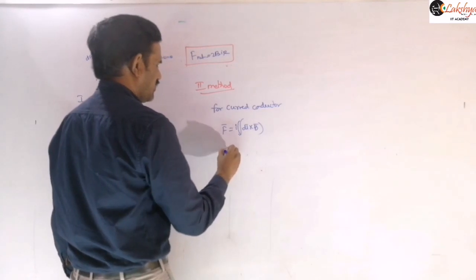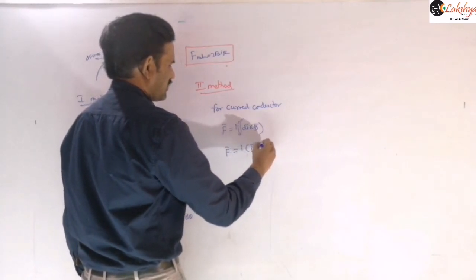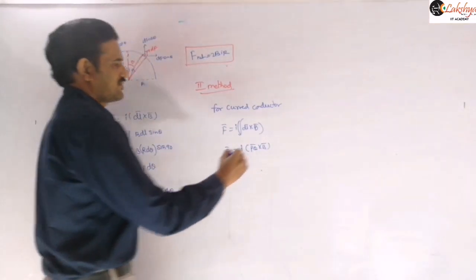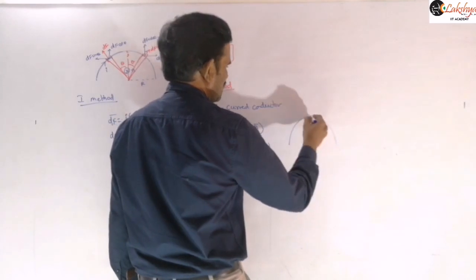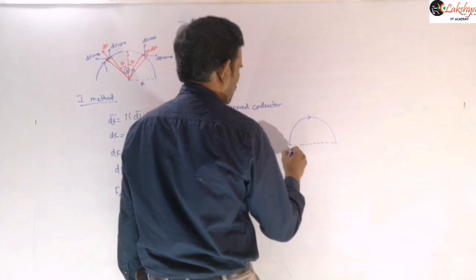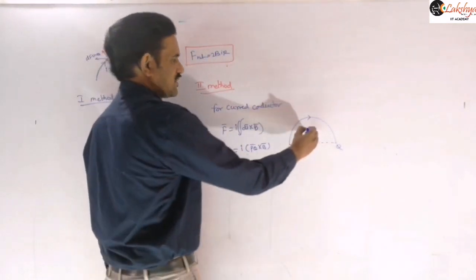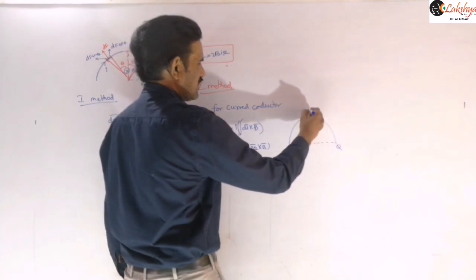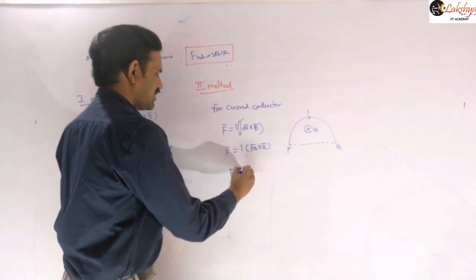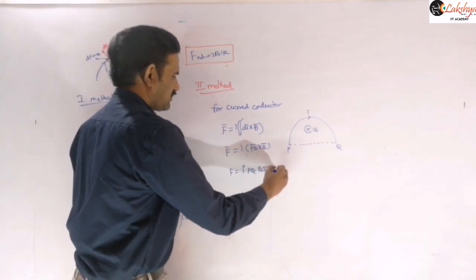Now we can write this as I PQ bar cross B bar, which we already mentioned, where PQ is the shortest distance. For the given case, the shortest distance between these two points, suppose this is the PQ distance, is 2R, the diameter. Therefore this value is I into PQ into B into sin 90.